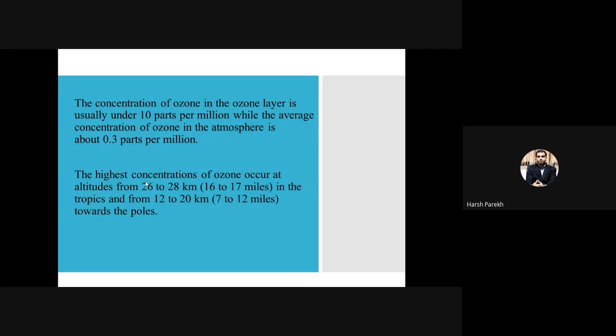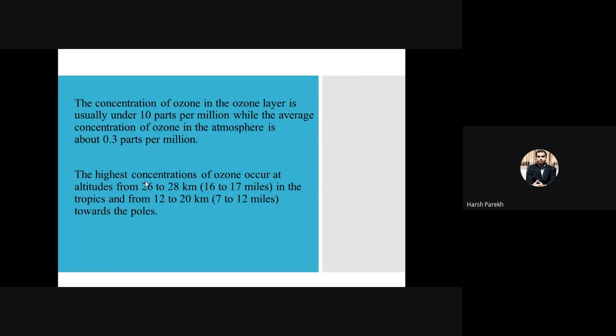Now, the concentration of ozone in the ozone layer is usually under 10 parts per million, that means 10 ppm. So every million parts contain 10 parts of ozone, while the average concentration of ozone in the atmosphere is 0.3 parts per million, that means 0.3 ppm.